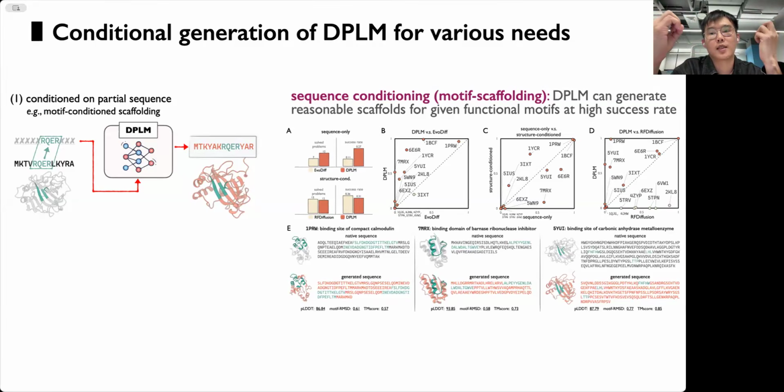For example, in the task of motif scaffolding, you can fix the motif sequence and generate the rest of the sequence for scaffolding. In this task, our model attains reasonable performance, and we also compare our model to RFdiffusion.